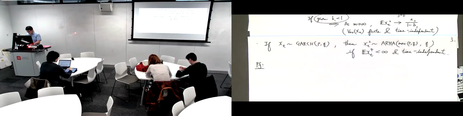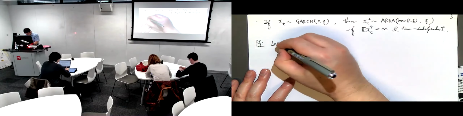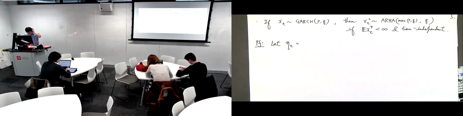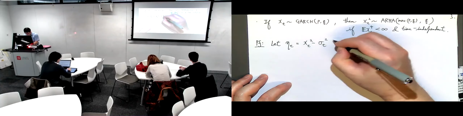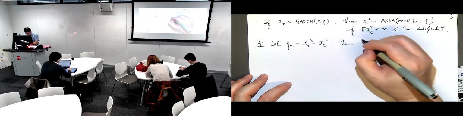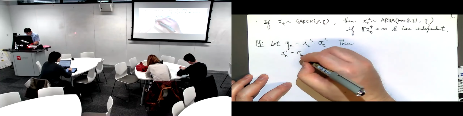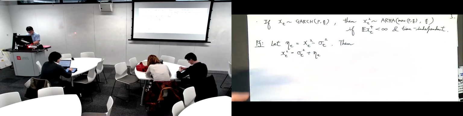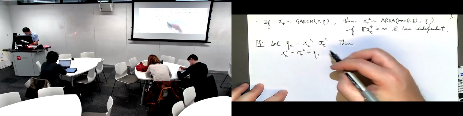So if we are going to provide a proof, then the proof will consist of, first of all, letting eta_t be x_t squared minus sigma_t squared. Then your x_t squared will be sigma_t squared plus eta_t. It's just rewriting the model basically.